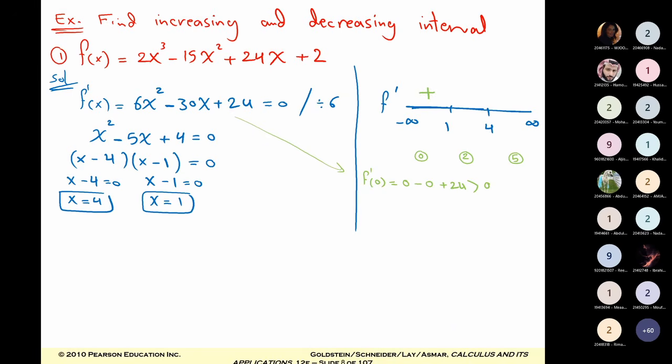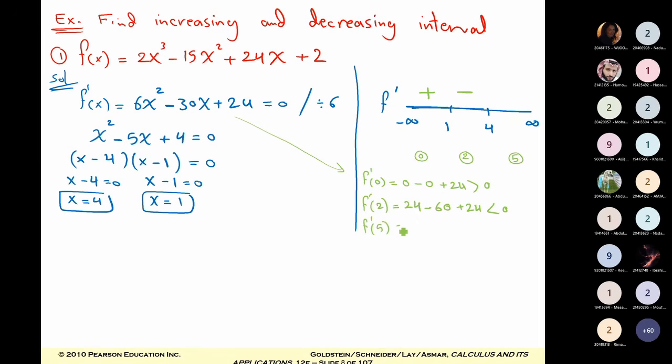Substitute 2: 2 squared is 4, multiplied by 6 is 24, minus 60 plus 24. We have negative. I don't care about the exact value, I need to know whether it is positive or negative after substitution. So this is negative.